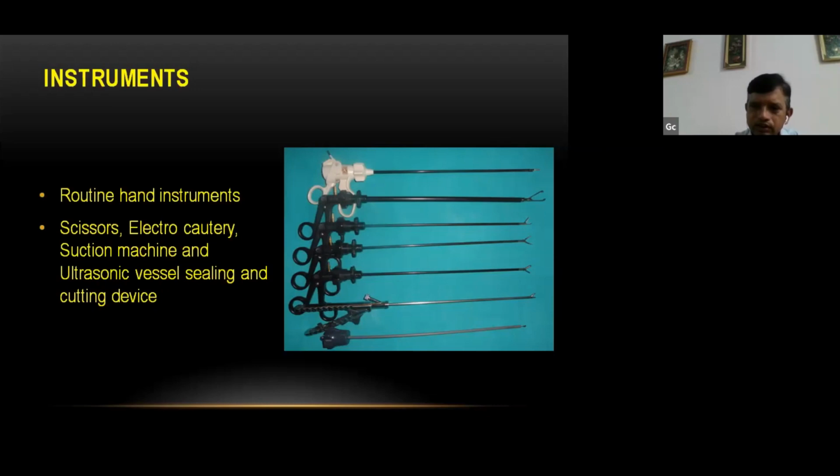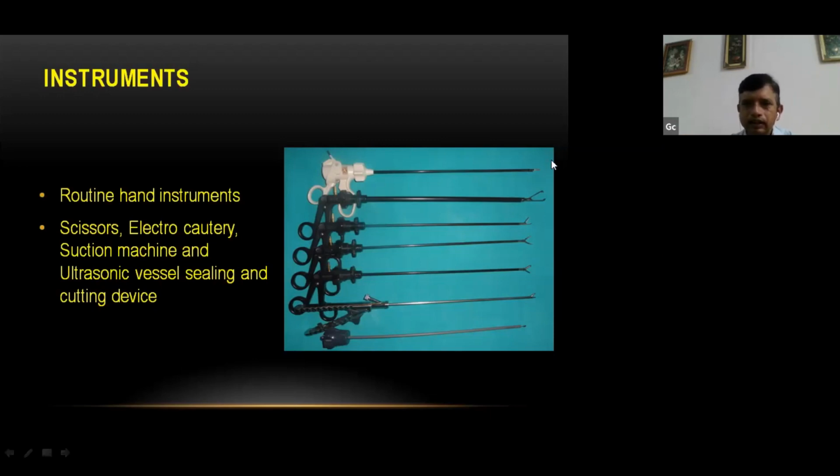You just use the alligator forceps for holding the thyroid, dissector for dissecting around the thyroid, grasper for holding other tissue like the sternocleidomastoid muscle, needle holder for suturing the midline, scissor for cutting the suture, and hook for opening the midline and dissecting adhesions or other tissues around the thyroid.